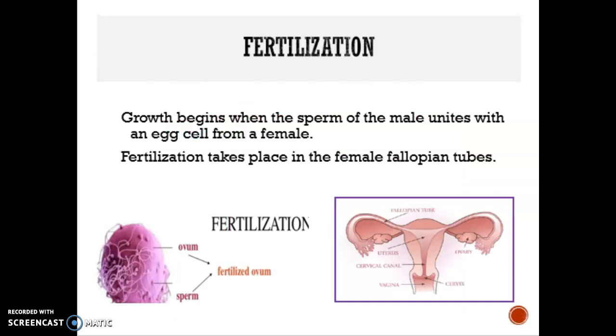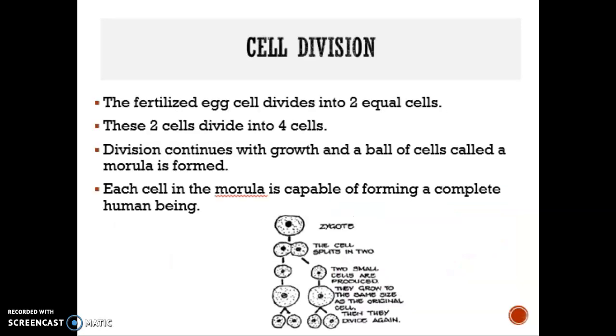Growth begins when the sperm of the male unites with an egg from a female, and then fertilization will take place in the female fallopian tubes. Following fertilization, the embryo undergoes several cell divisions. The fertilized egg cell divides into 2 equal cells, and these 2 cells divide into 4 cells.